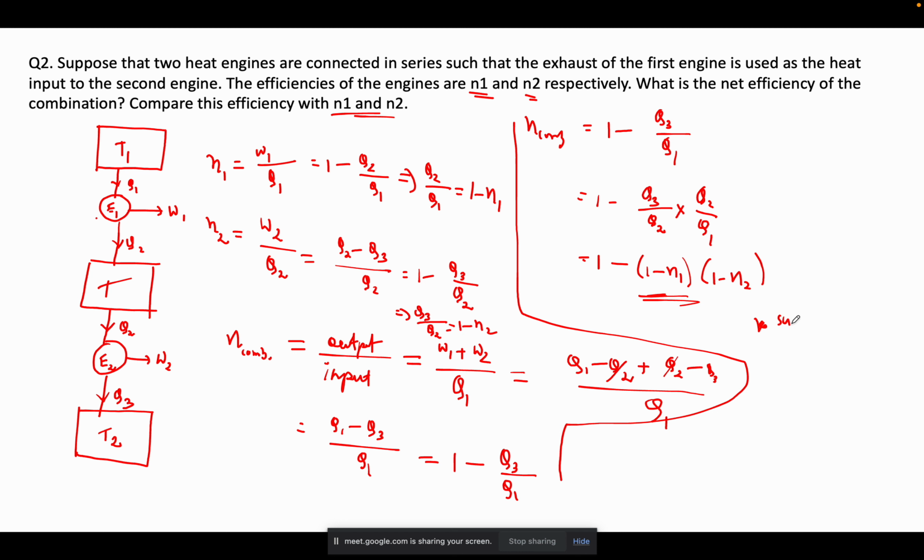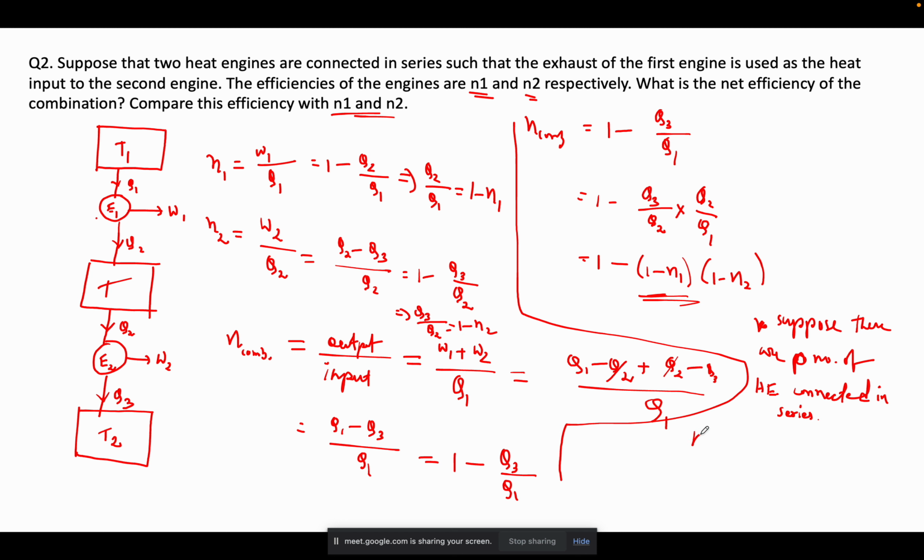Suppose there are p number of heat engines connected in series, just like the first case, where the heat rejected to the sink is used as the heat input to the next engine, and so on and so forth.